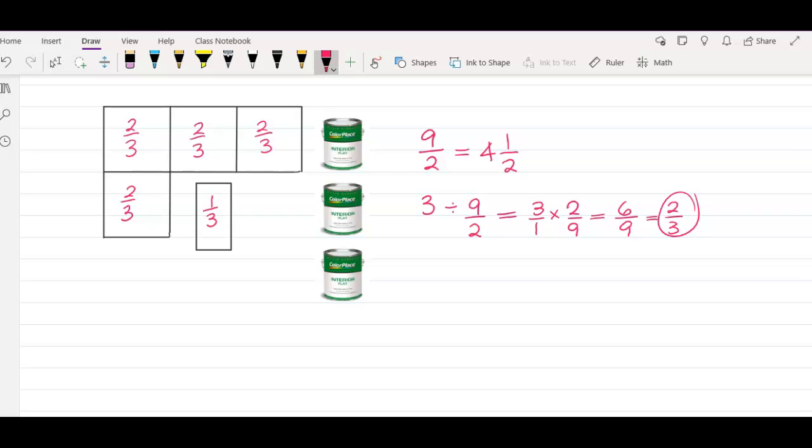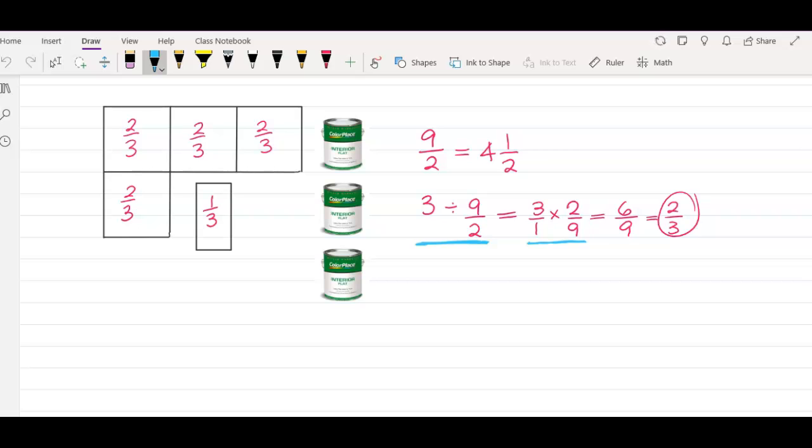So a diagram that could help you with this type of problem would be to draw the squares and draw the paint, and show how we could divide it up. We could also write out our multiplication expression. Here's a division expression that we could use in this problem that represents this situation.